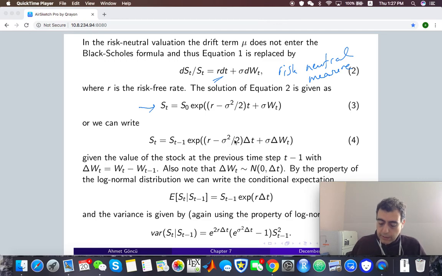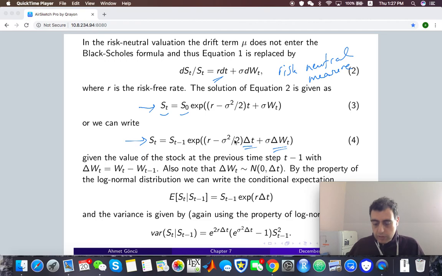But basically, we can obtain the solution of equation 2 by the use of Ito calculus, and that gives us the stock price S_T in terms of S_0 times the exponential of this Brownian motion expression. We can also write these stock prices in a step-by-step manner using delta t time steps. So we have a fixed time step delta t, and this time we have delta W_t.